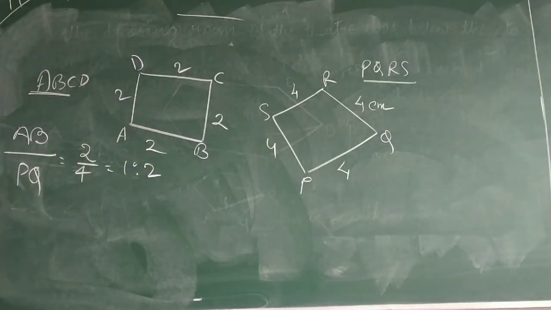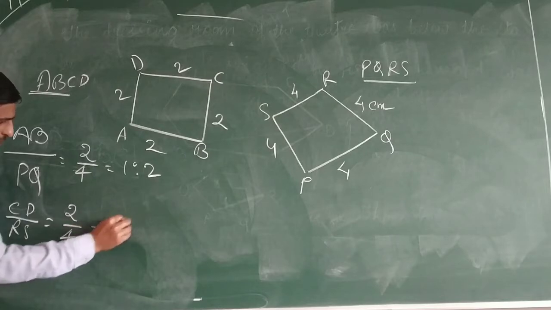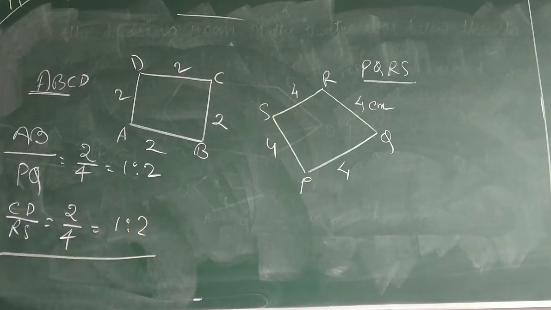Again, the ratio of another corresponding part, CD to RS, is 2 by 4, which is again 1:2. You can see that whenever you find the ratios for this square and rhombus, you get the sides in proportion.